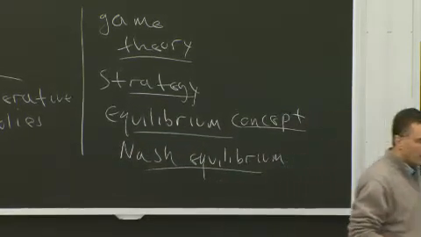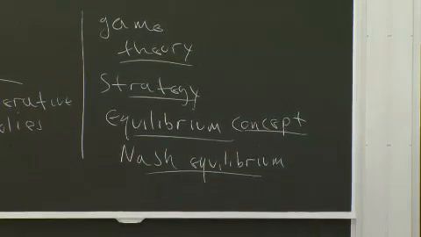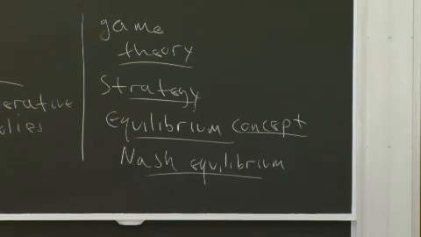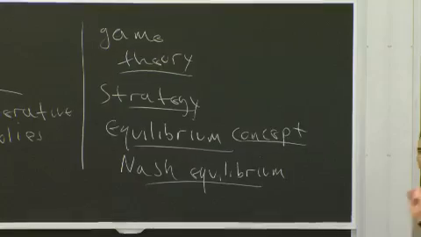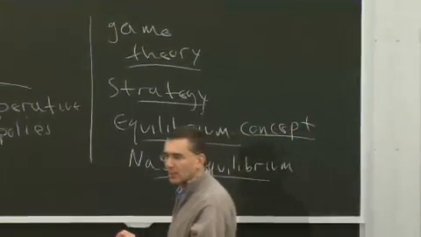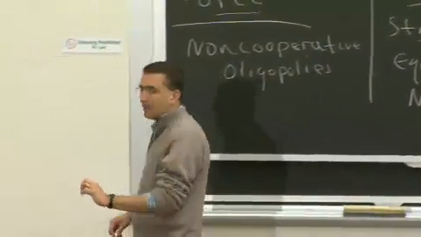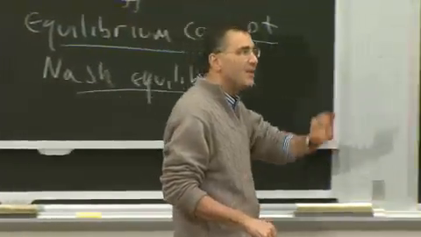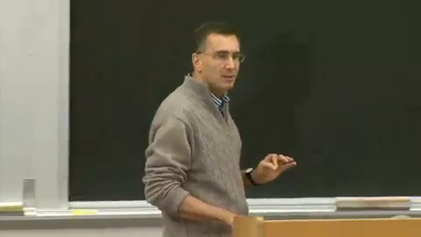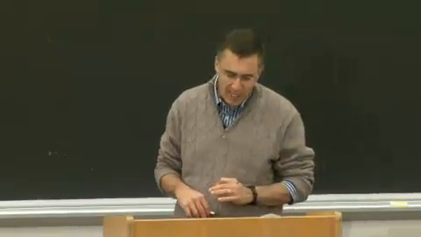A Nash equilibrium is the point at which no firm wants to change its strategy given what the other firms are doing. Let me say that again. A Nash equilibrium is the point where no firm wants to change its strategy given what the other firms are doing. It's a little bit bizarre, but we'll work it out.